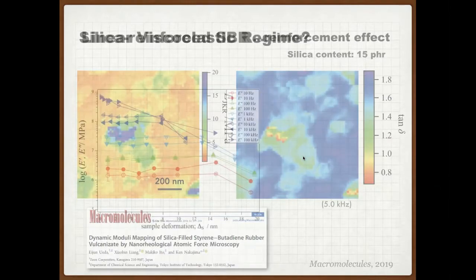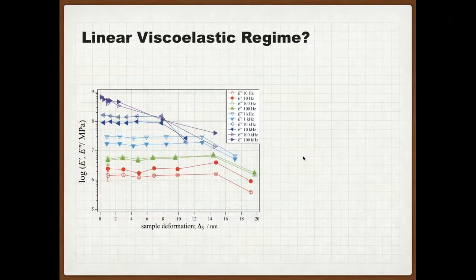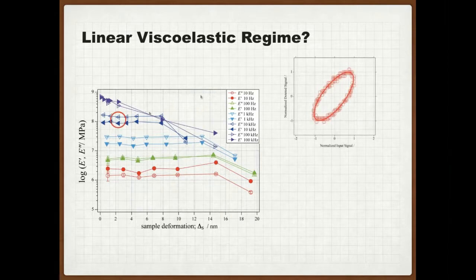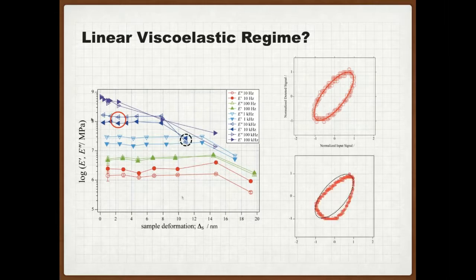By the way, I show you one slide which is very important. You can change the amplitude of the sinusoidal oscillation like this. If you restrict the sample deformation to lower values, then the response is ellipsoidal, which means the measurement region is a linear region. But if you increase the sample deformation to higher values, the value first stays constant but then starts to decrease.